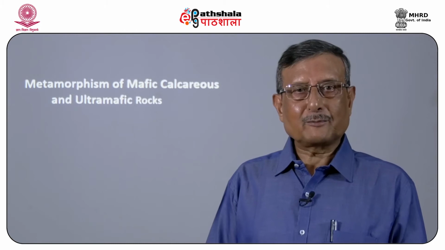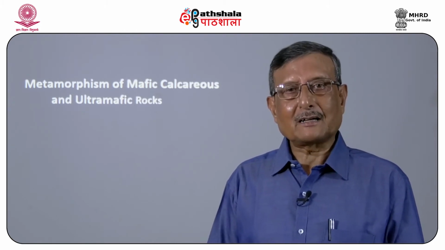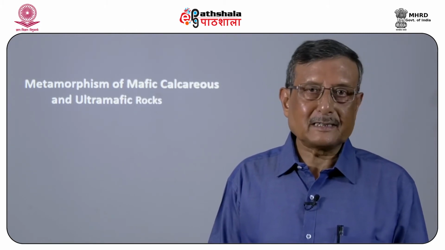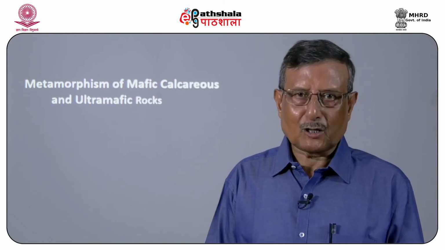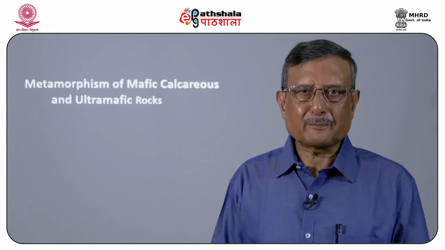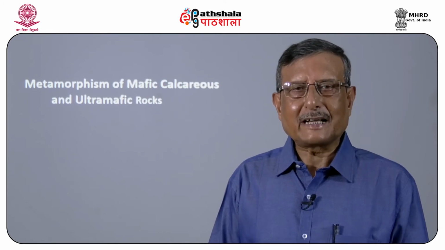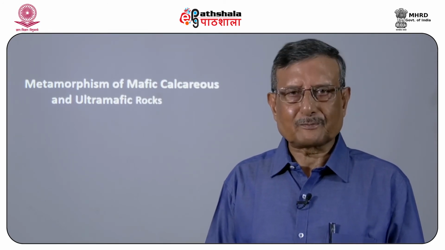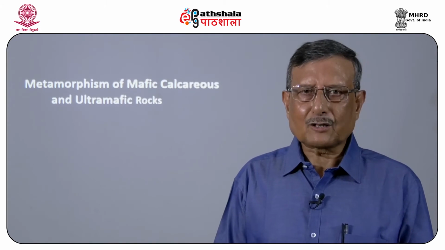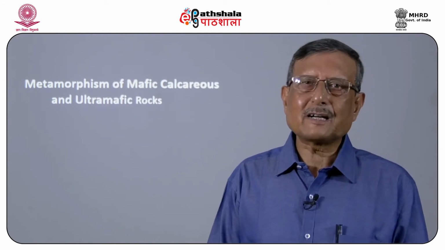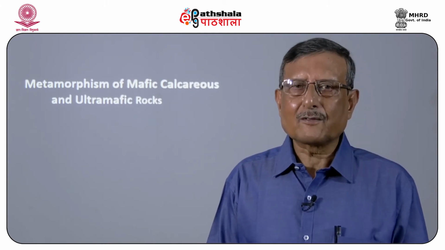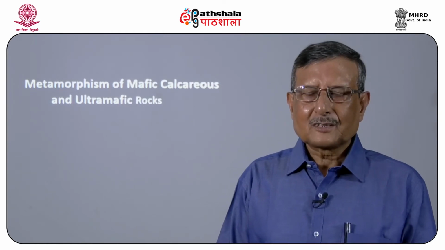You can still metamorphose a rock at higher pressures, but we will discuss that separately, not in this module. We will discuss extreme temperature and extreme pressure metamorphism, where I will talk about the further conversions in mafic granulites.